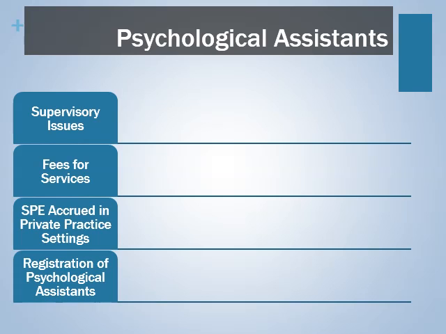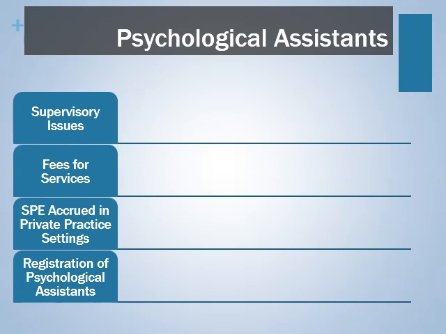So in terms of supervising, your supervisor can't charge a fee for the supervision, you can't rent office space from them, and you can't have interest in their business beyond being a part of it. If you're a registered psych assistant at a clinic, unlike in a private practice, you can have delegated supervision from someone who is not the primary supervisor, as long as they're employed in the same organization.